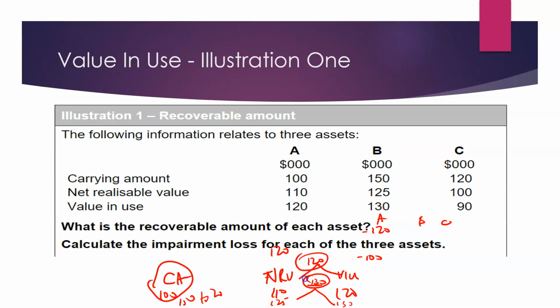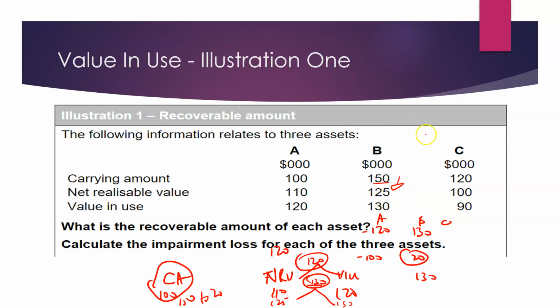Because it has to be held at the recoverable amount, the impairment loss is 20. You're with me, I'm sure you are. So the recoverable amount is 130 and the impairment loss is 20, bringing it down to 130 from 150.